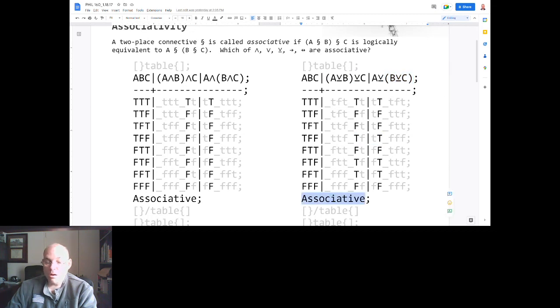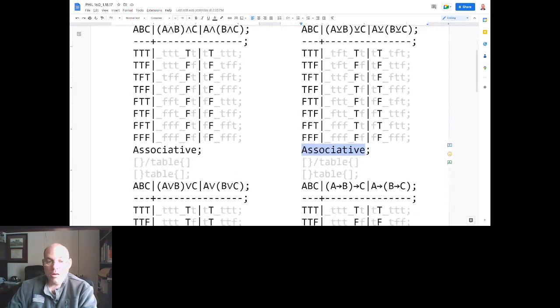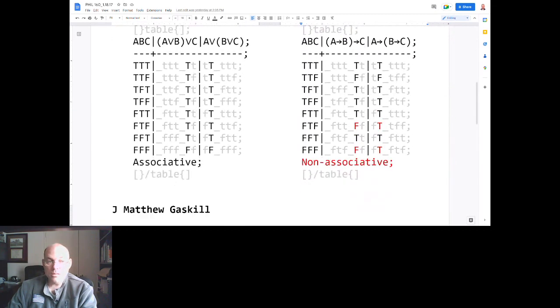And so they're associative. And then we've got the inclusive OR. It's the same thing. Some of the values switch around. You can see we got a lot more T's in those rows than we did with the exclusive OR, but nonetheless, the main thing is that row by row is the same value. It's associative.